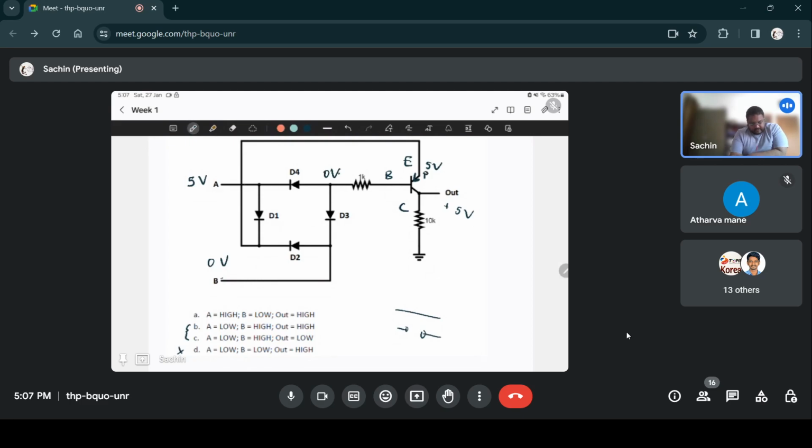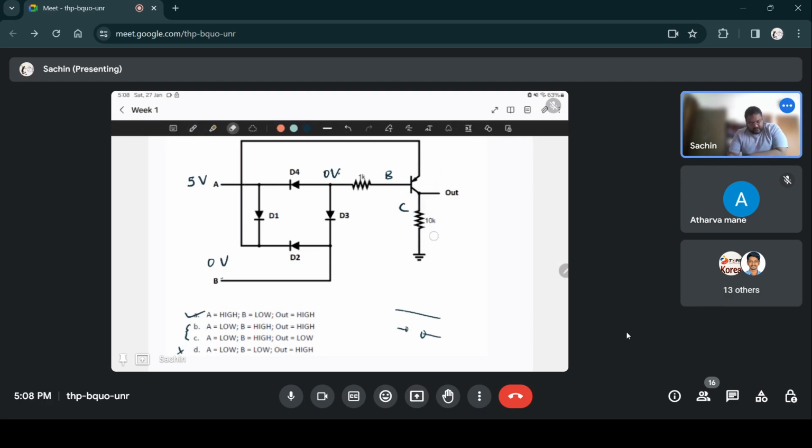Since this is a PNP transistor, this emitter base junction is forward biased here. So P is connected to 5 volts, N junction connected to 0 volts. So this transistor is actually on, and current will start flowing through this freely, and all that current will cause almost all the voltage to drop across this 10 kilo ohm resistor. So the output is high. So this option A is true.